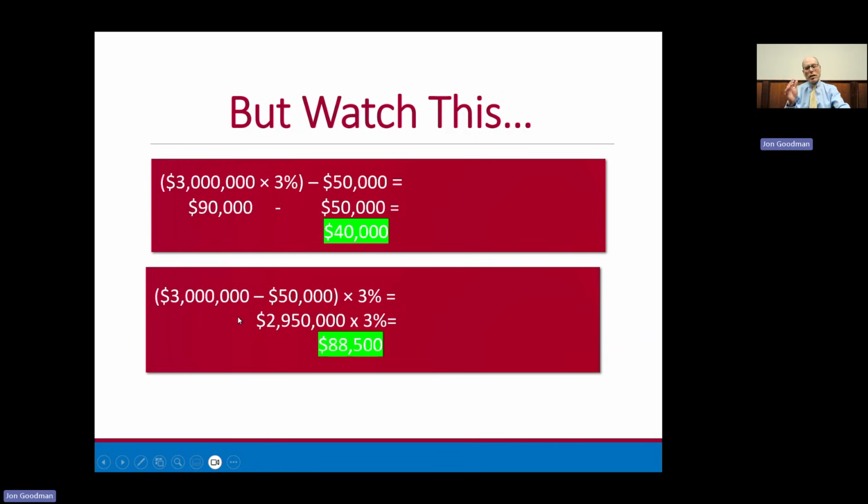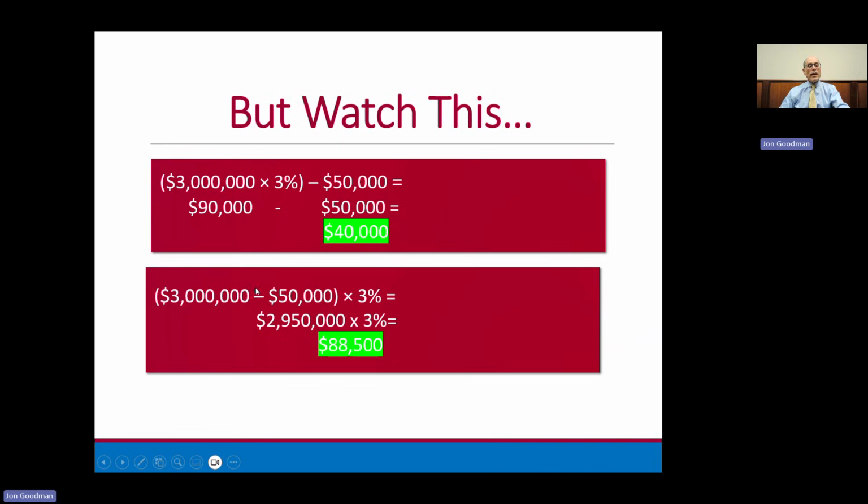Now what's logical, and what the buyer side broker understood in the transaction, is that the formula would look like this bottom one here. 3 million minus 50. The seller isn't really, in the seller's mind at least, selling for 3 million. They're selling for $2,950,000.